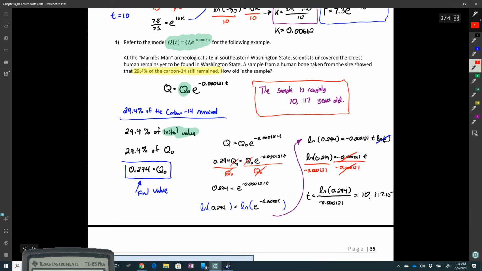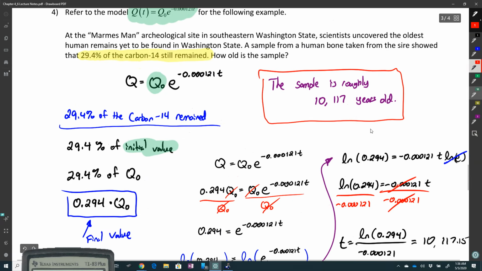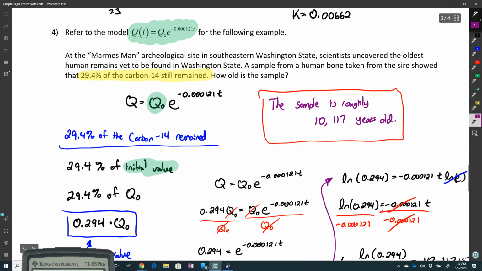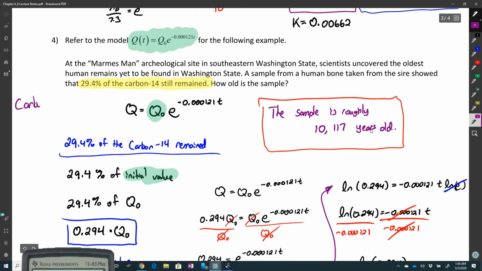Now, this idea is actually cool. This is what we call carbon dating. So what scientists do is they find a sample, and as long as you're alive and breathing, your body generates carbon-14. When you stop breathing, when you pass away, your body stops producing carbon-14.